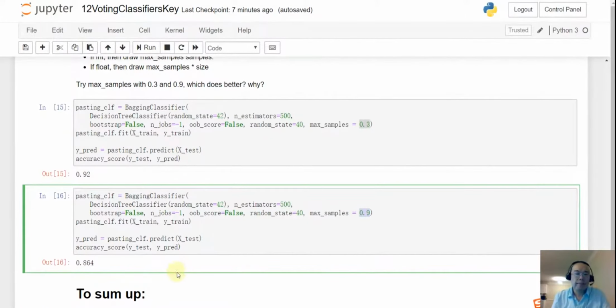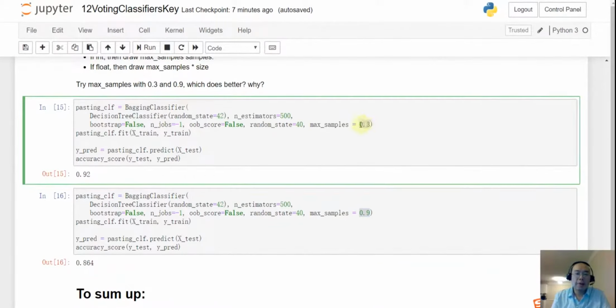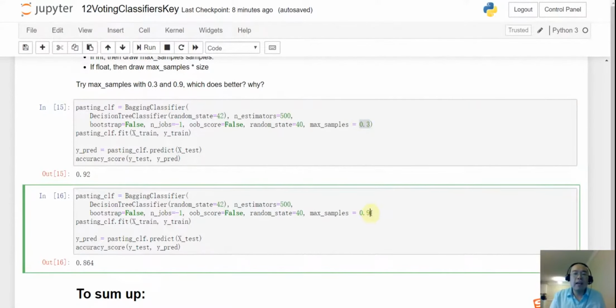So think about it. If we are making n samples and for each of them we only use 30%, putting together all the predictors into an ensemble is better than making another ensemble where each predictor uses 90% of the data.